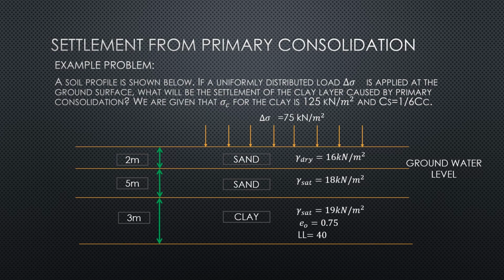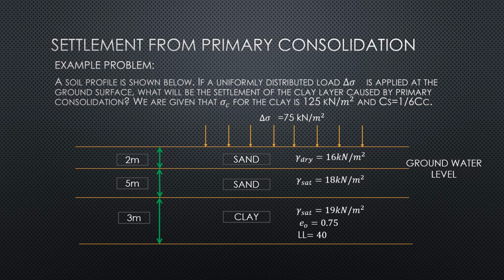We are given that the pre-consolidation stress for the clay is 125 kilonewton per square meter and Cs is 1 over 6 Cc. So this figure below will be the condition of our soil. The load is applied with a value of 75 kilonewton per square meter. That is a uniformly distributed load.